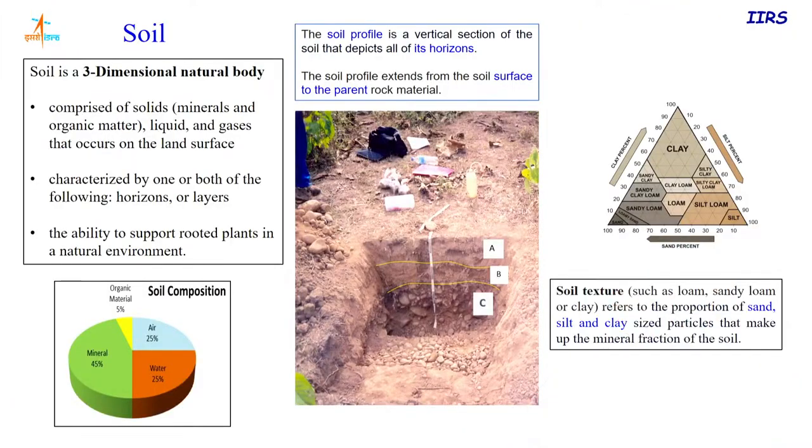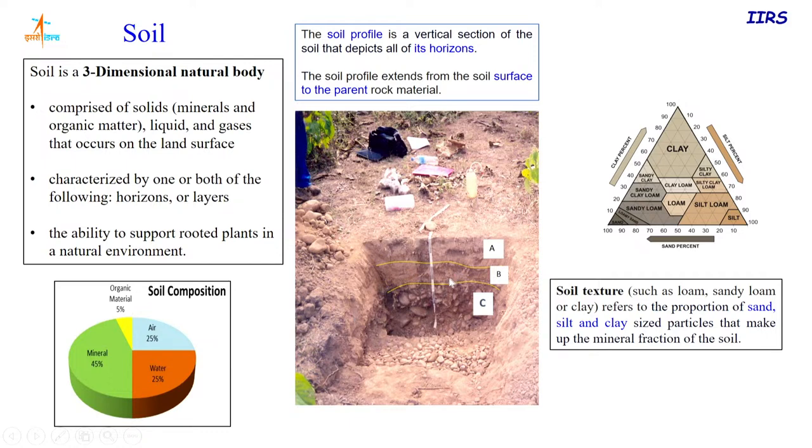So, just giving a brief introduction to soil: for us, soil scientists define soil as a three-dimensional natural body. We call it a pedon, and in the picture you can see the area, length, width, and then depth perception.